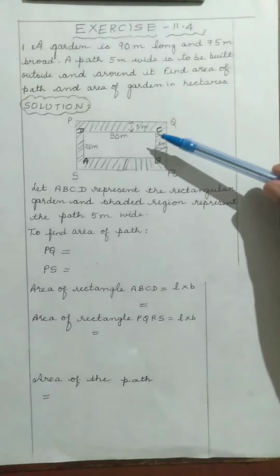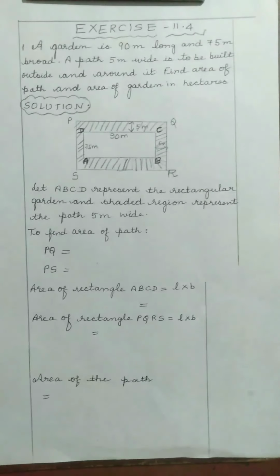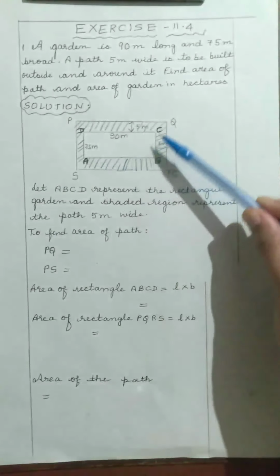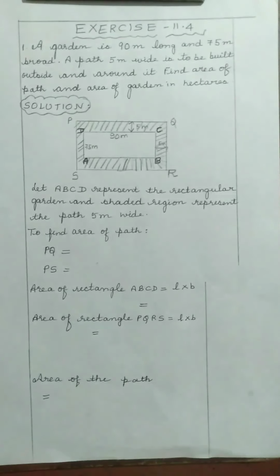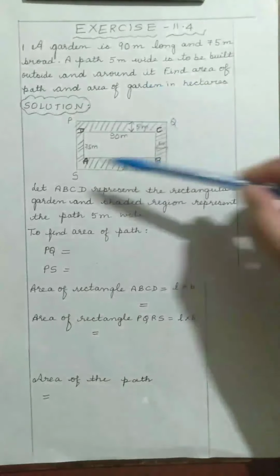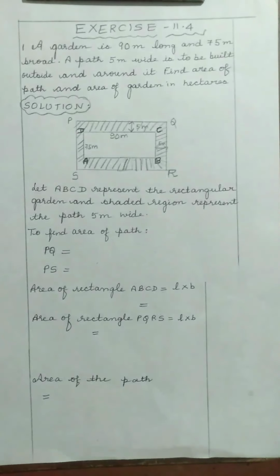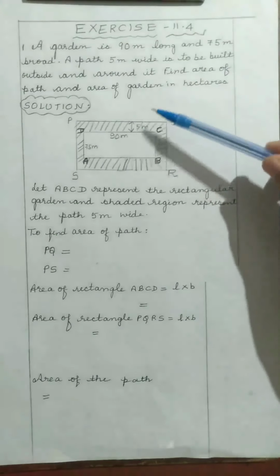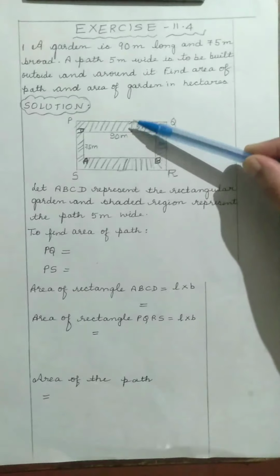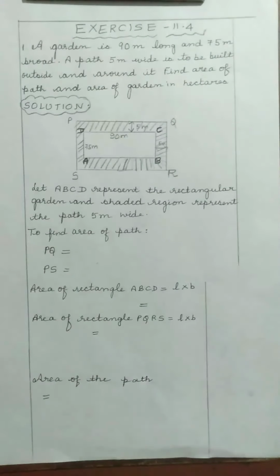Therefore, we have obtained the two rectangles. One is ABCD, which represents a rectangular region. Another, PQRS, is another rectangle which is built with a distance of 5 meter wide.